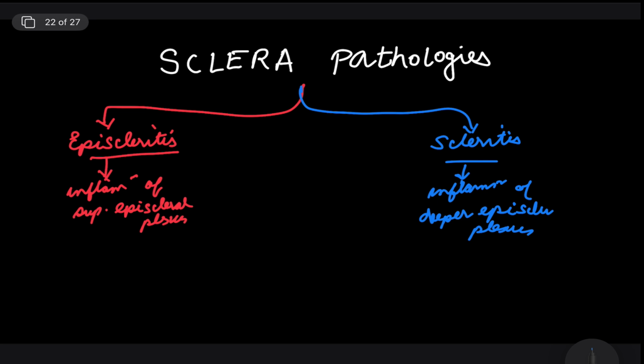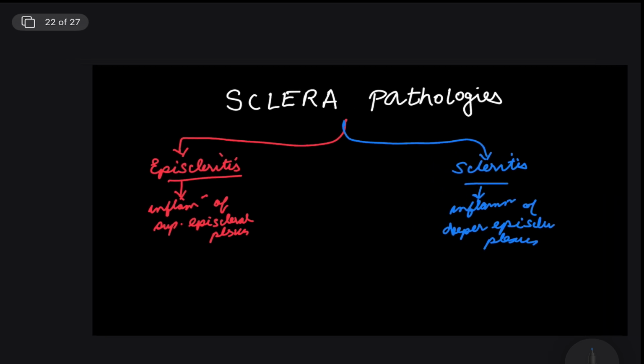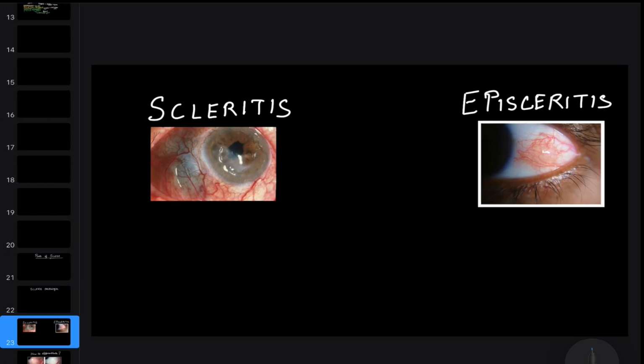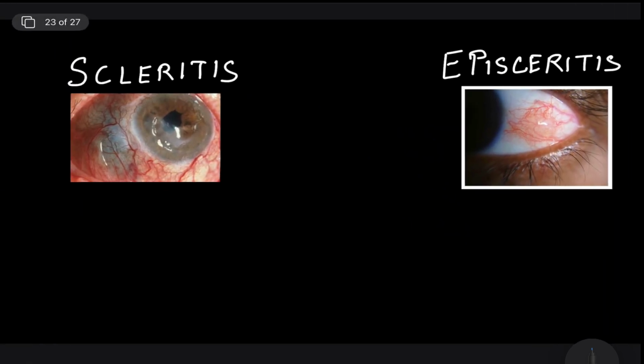Okay? Okay. Now that we have mentioned their definitions, let's explore these two diseases in a little more detail. We can see in both instances we have pictures. This is the first thing that I would really draw your attention towards.